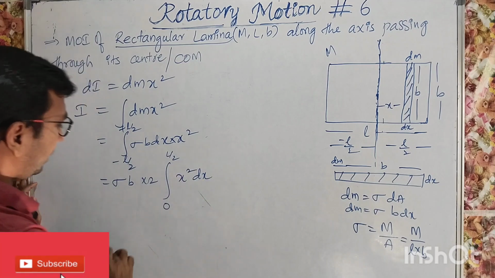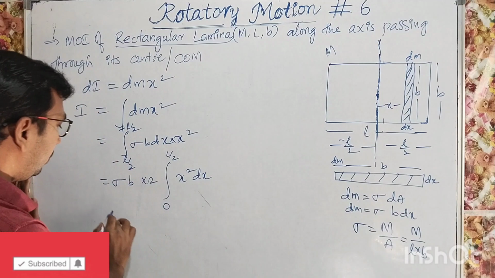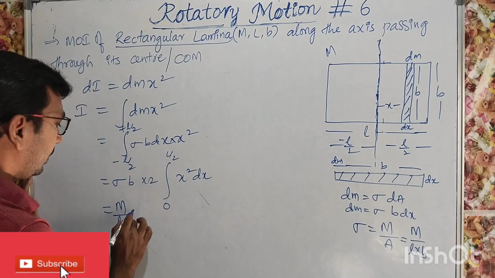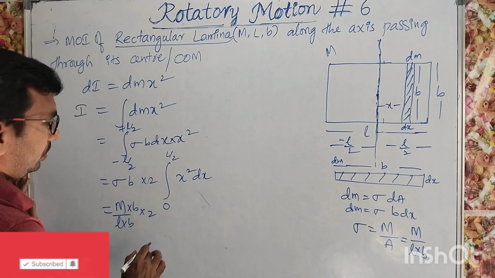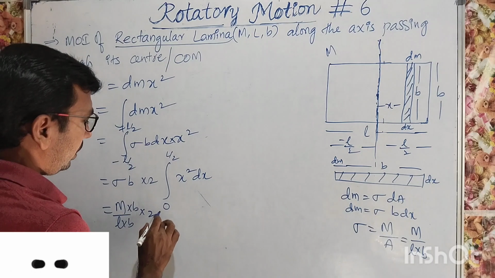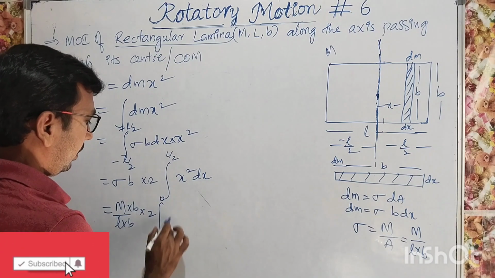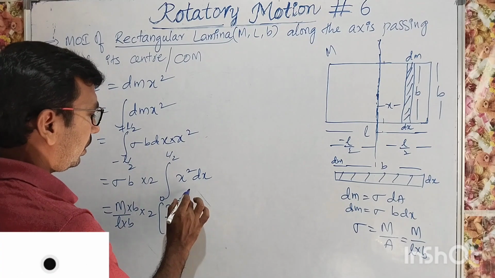Here the sigma value is capital M by L into B, times 2. Integrating, we get x cube by 3 from 0 to L by 2.